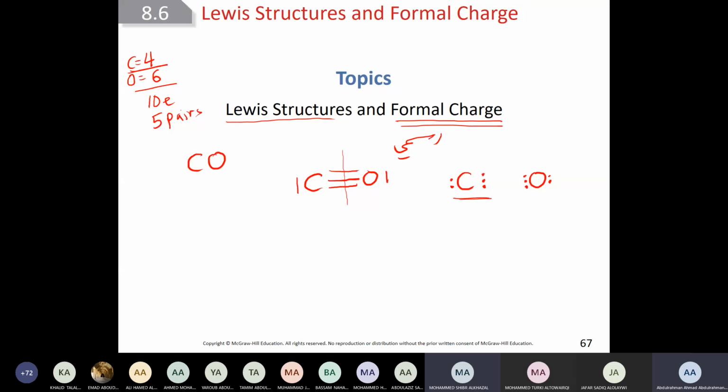What's the formal charge? -1. Say it out loud. -1. Why -1? Because it gets 1 electron. Yes, exactly. Then what will be the formal charge of oxygen? +1.